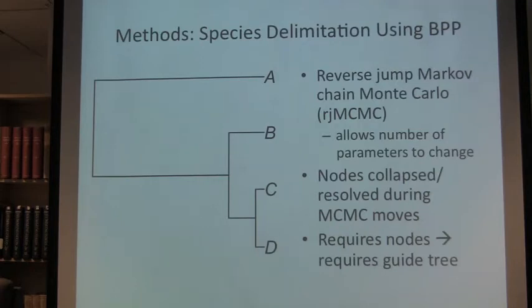And that means that we need to know our nodes, which means this requires a guide tree. So to illustrate this, we see sisters C and D here. BPP will test whether C and D should be collapsed into CD, and then we'll test whether B, C, and D should be collapsed into BCD. But it can't test anything that's not node-based.